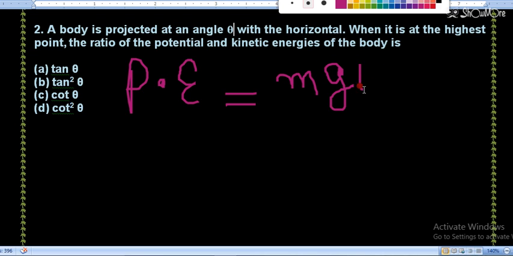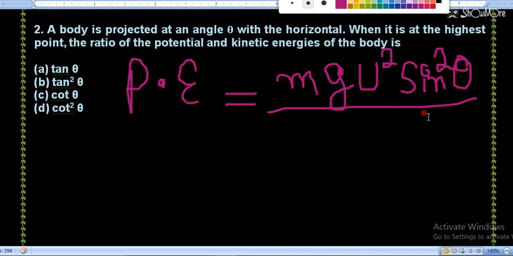The relation for maximum height is u square sin square theta divided by 2g. So it will be u square sin square theta divided by 2g.